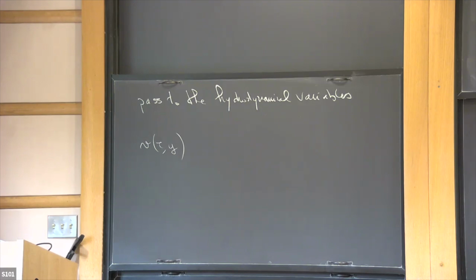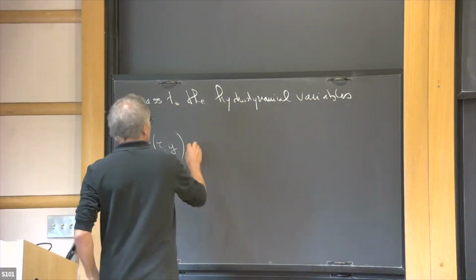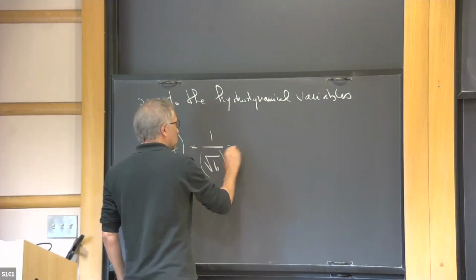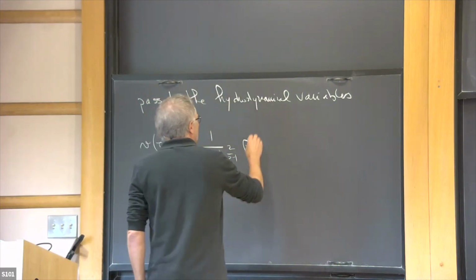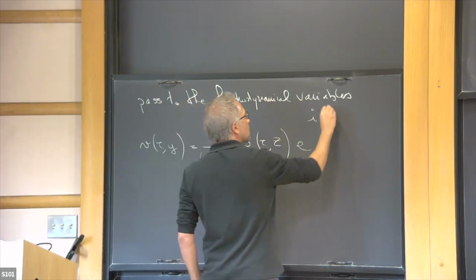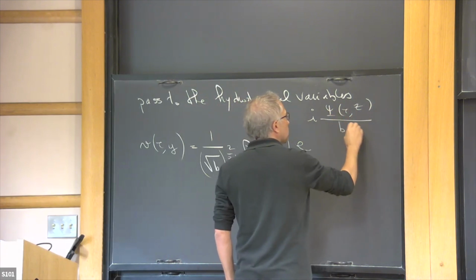I change variable, I zoom again, and we do it in phase and modulus. So it's 1 over square root of b to the 2 over p minus 1, times some function rho, which is going to be the modulus of tau and b z, and then I allow for the phase psi of tau and z, and I divide by b of tau.